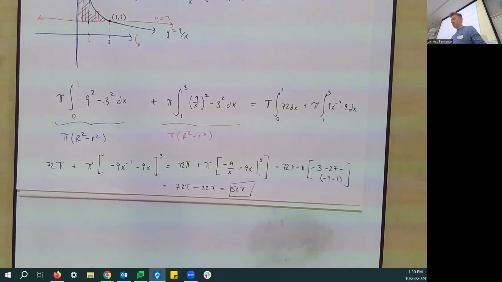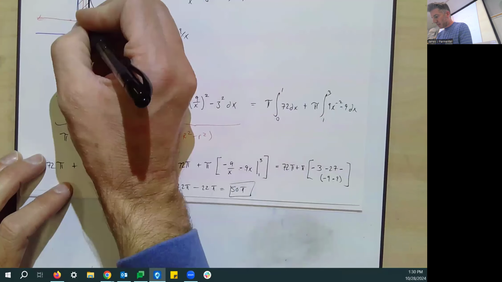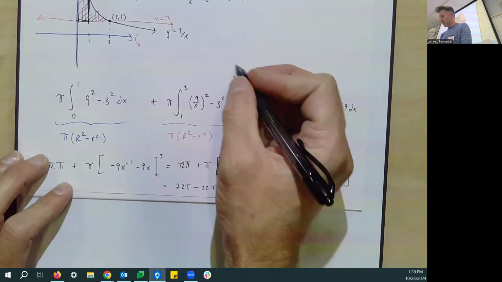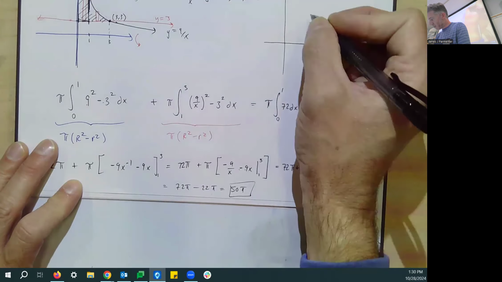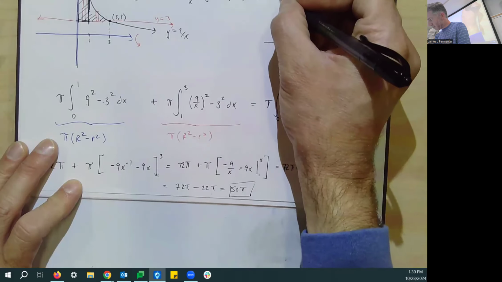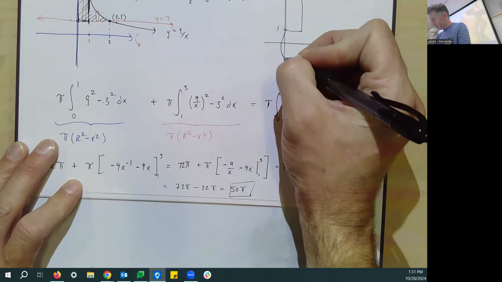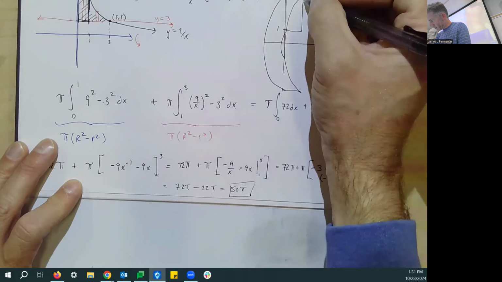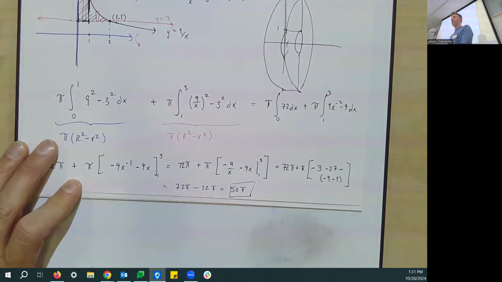The reason for that is because from 0 to 1, we're rotating this shape around the x-axis. So if I actually draw the picture over here, this shape gets rotated around, and we've got this kind of heinous looking thing like that.